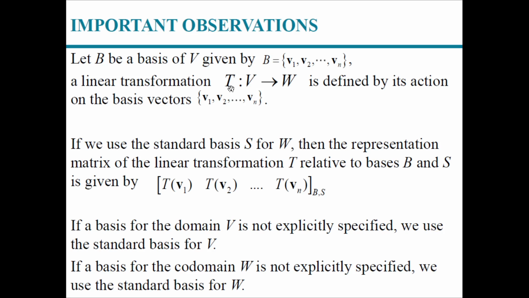It takes those objects and gives you objects, in our case vectors most of the time, in the output space W. If we use the standard basis for the output space W, then the representation matrix is simply this: apply the linear transformation to each basis vector V and put the result in a column of a matrix, and that's how you get the representation matrix relative to basis B for input and standard basis for output.